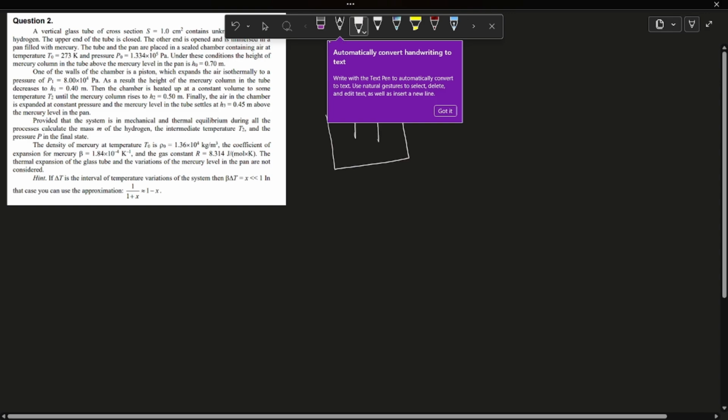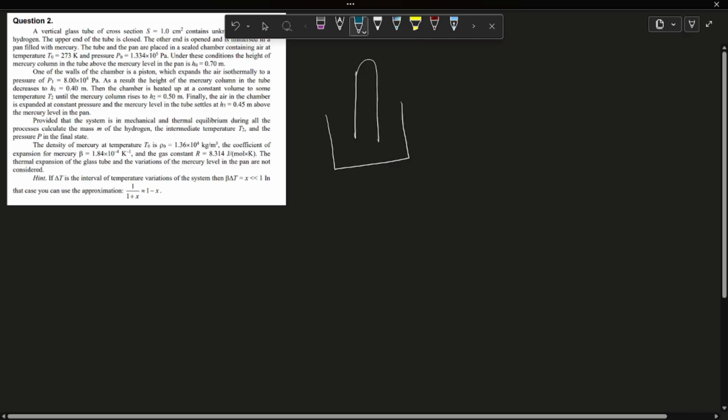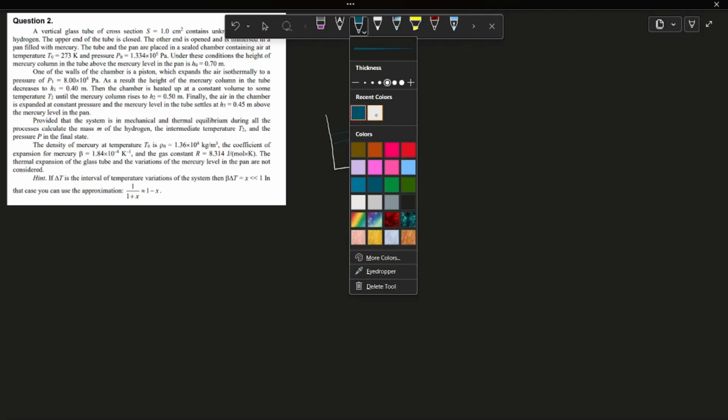So here, this is a tube. This is the pan. Let's say, I think this is not visible.